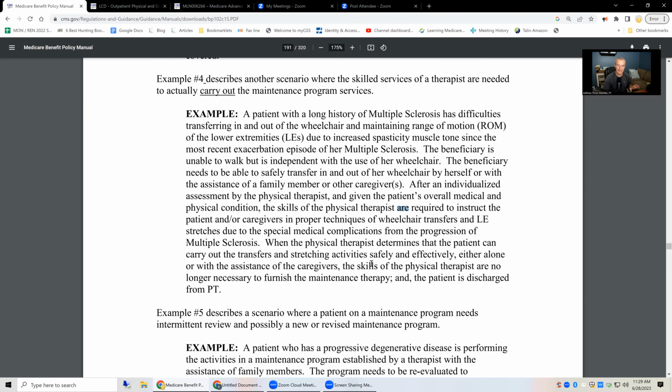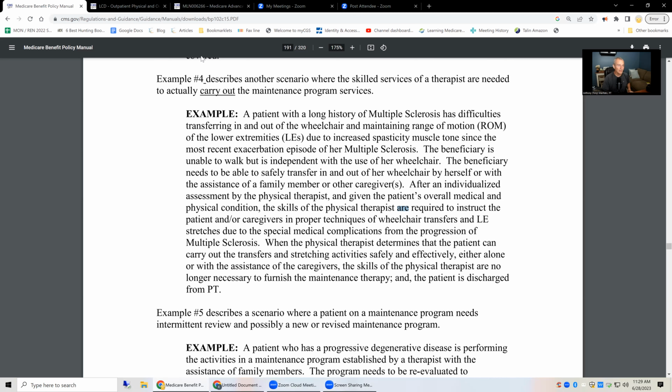I would add to that, or when the therapist determines that the patient is not going to be capable of doing it and does not have assistance from a caregiver or family member. In that situation as well, continued therapy is no longer a covered benefit.